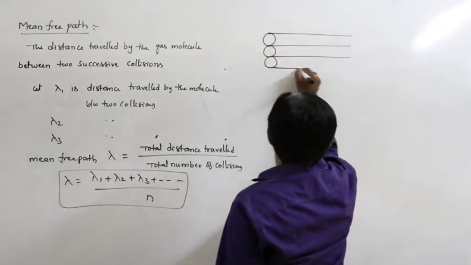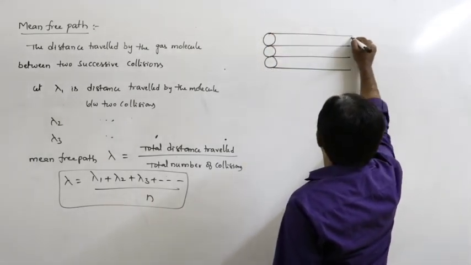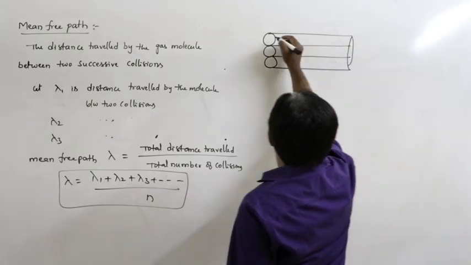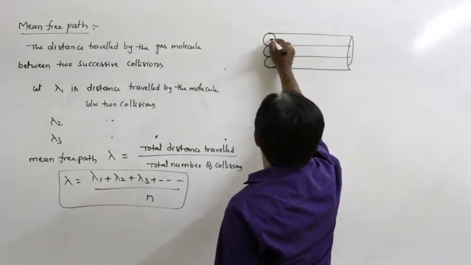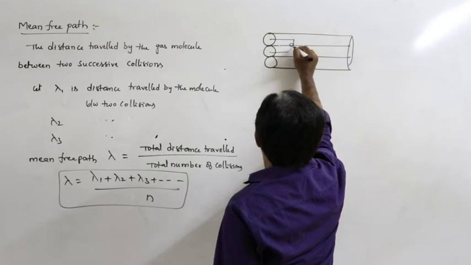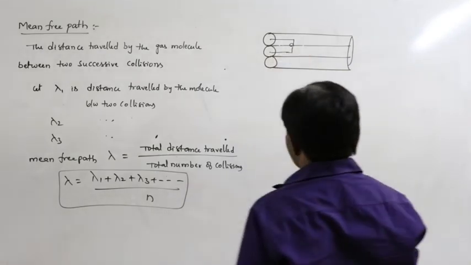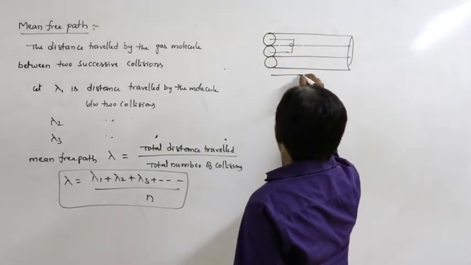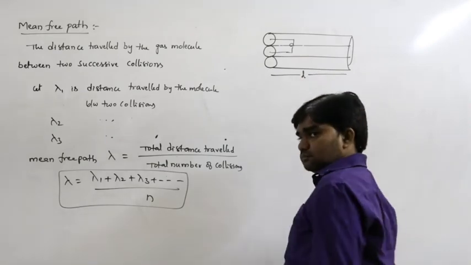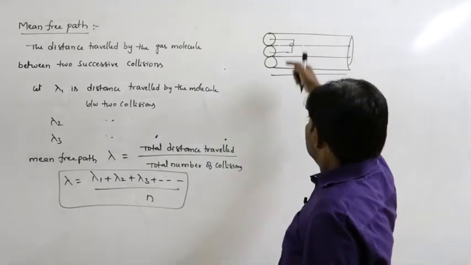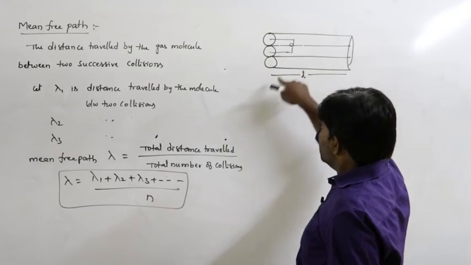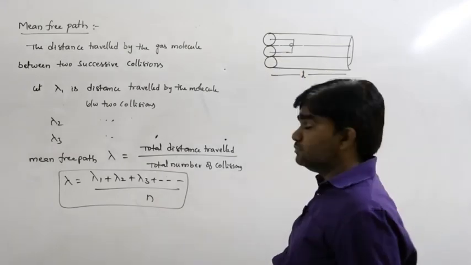This is in the form of a cylindrical shape. The distance between any two centers is d, and the length is L here.